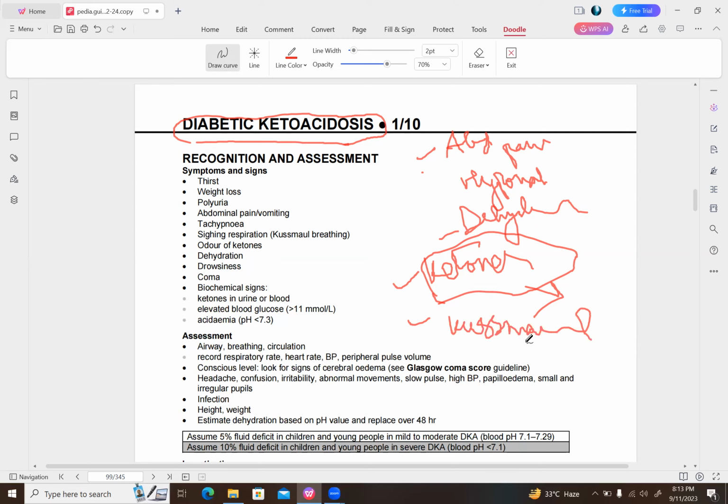The patient may become confused. The patient may go into coma. This all happens secondary to this infection, and there is raised anion gap metabolic acidosis.